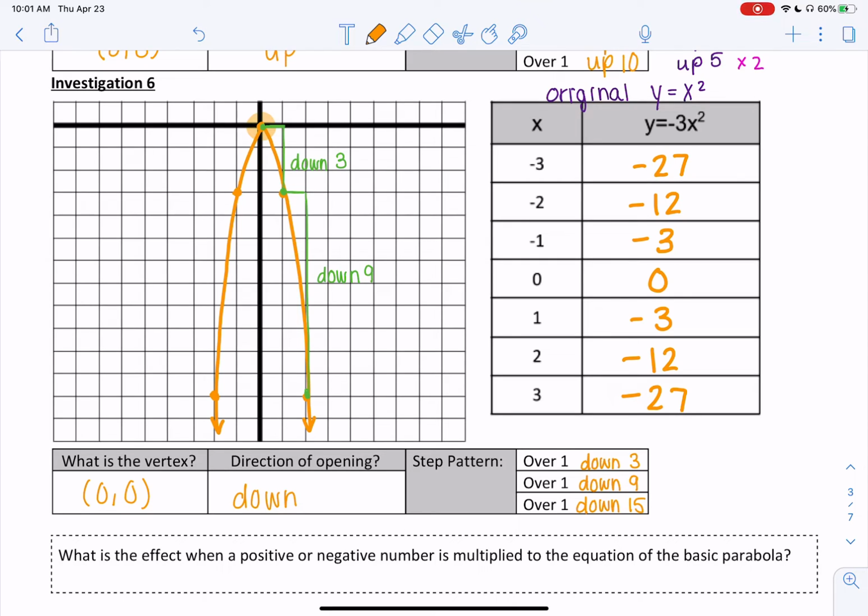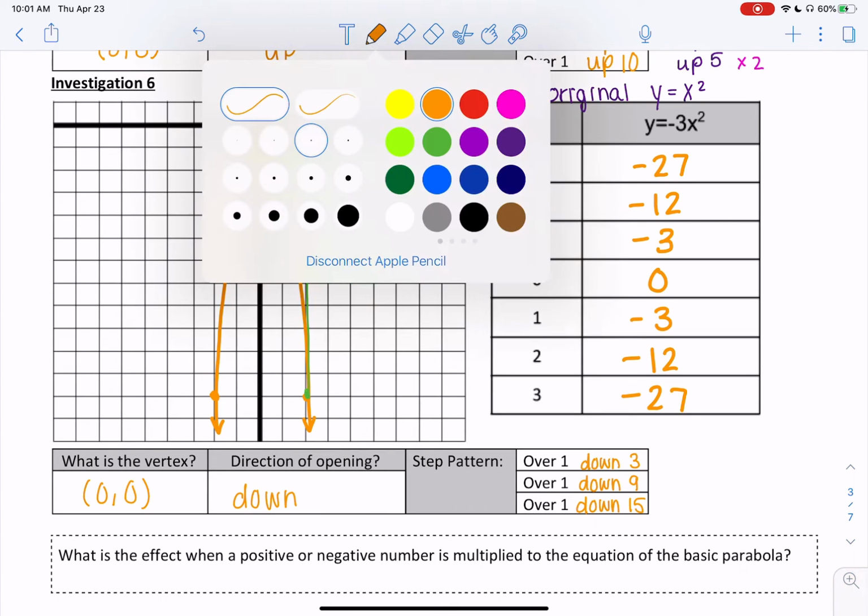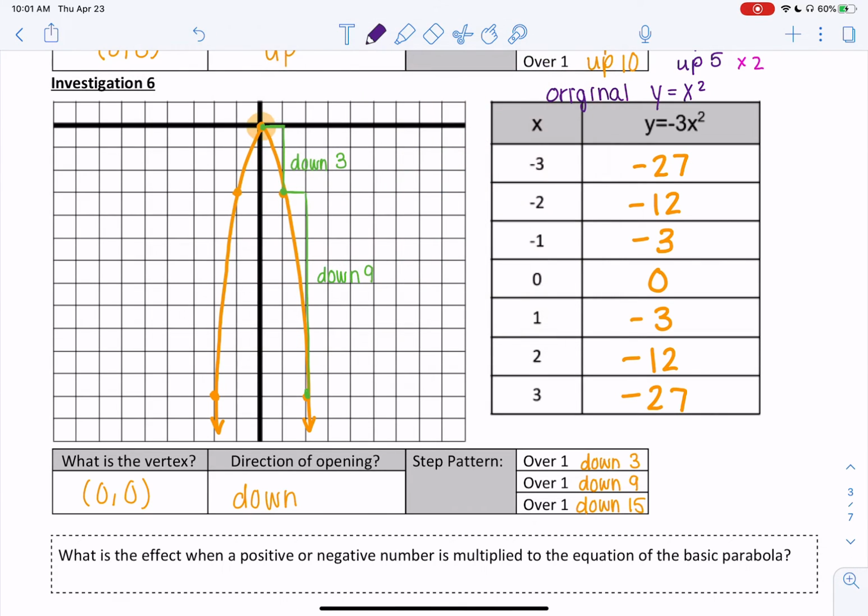Now, how do these numbers relate to anything? Where are they coming from? We're going to look at our original step pattern again, which was over 1, up 1, over 1, up 3, over 1, up 5. Now, similar to what we were doing above, all of these have been multiplied by 3.